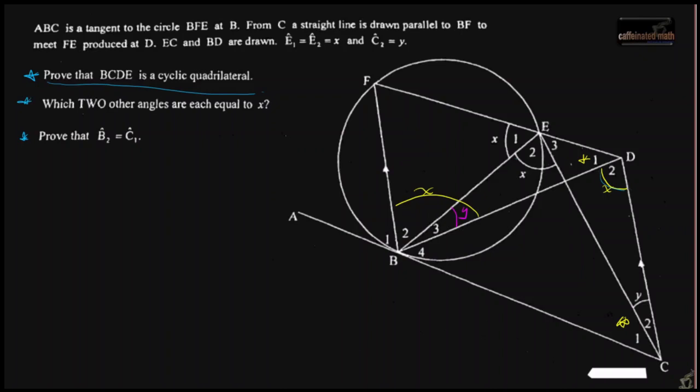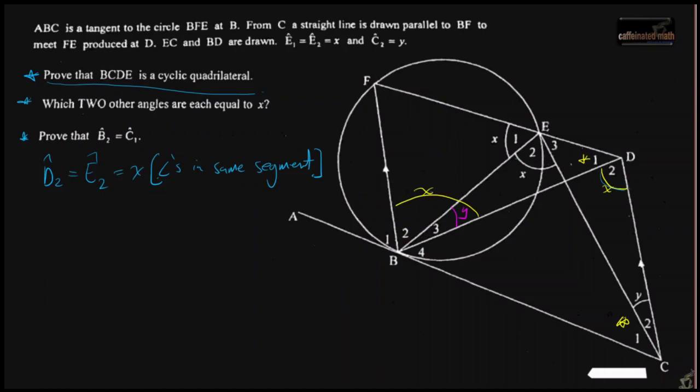And then from D2, with the parallel lines, you can see this pre-marked angle X is now alternating with D2. So therefore, you can say angle D2 is equal to angle E2, which is equal to X, angles in same segment.